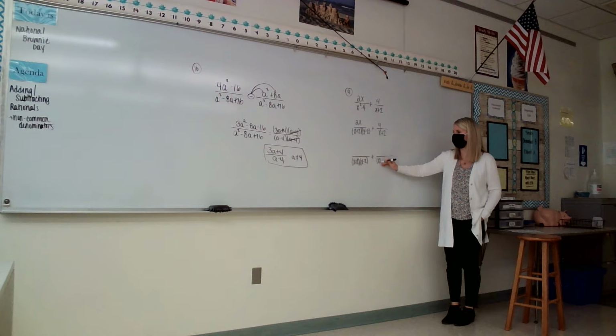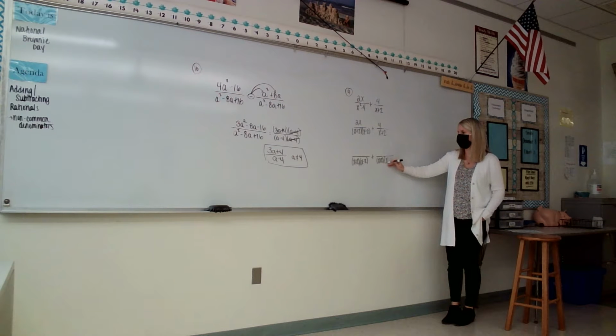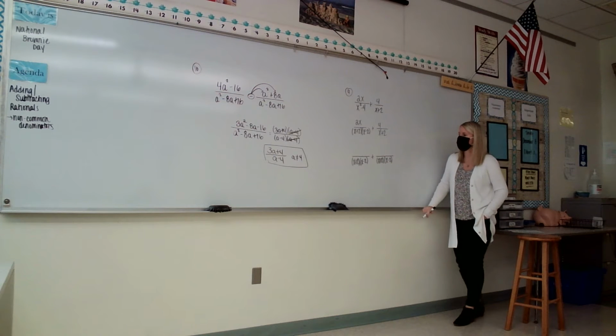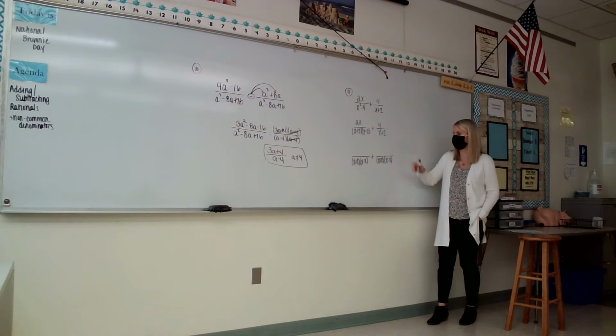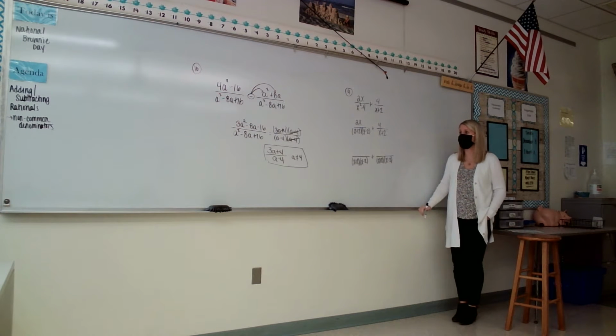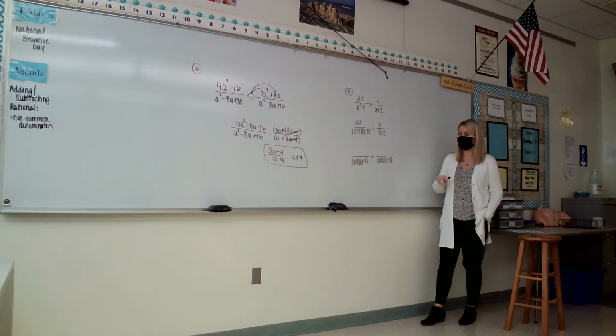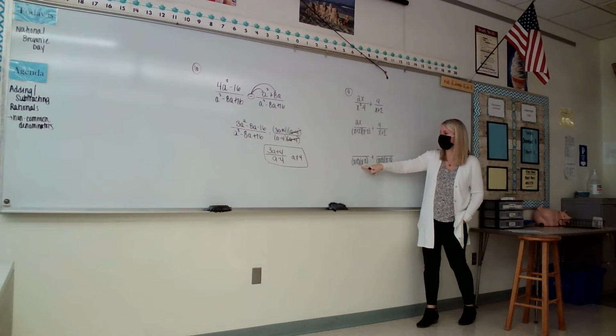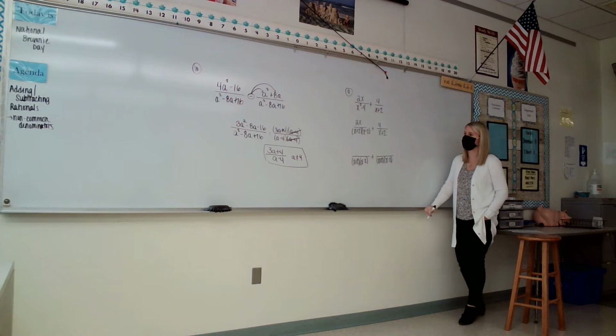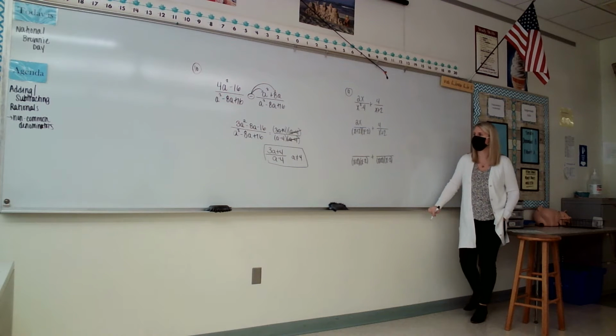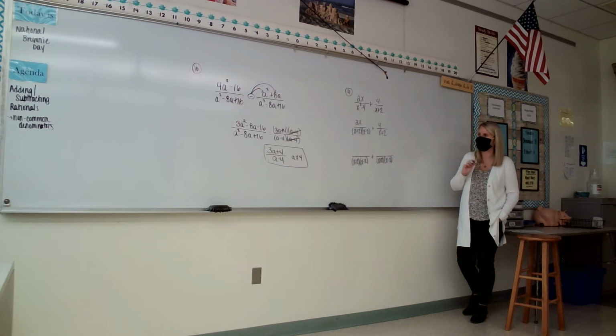You don't need to write it twice. That's represented, so you're good. So that would be my common denominator. I needed the x plus 2, because they both had it, so that's represented. I needed the x minus 2, so I had to add that over there, and that would be my common denominator. So if they have it in common, you only need to write it once.